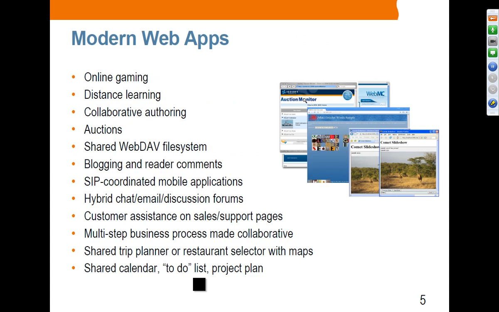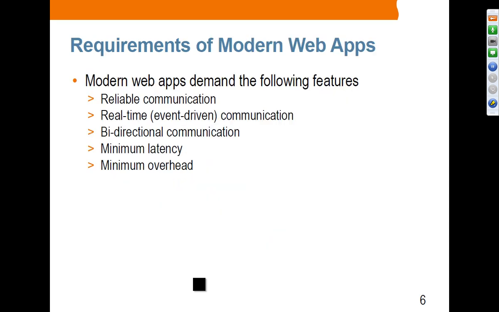Now, the examples of these modern web applications include online gaming, distance learning, collaborative authoring, auctions, and things like that. Now, in order to build this kind of application, the features that are needed include reliable communication between the clients and server. By the way, when we say client, we're talking about the browser.